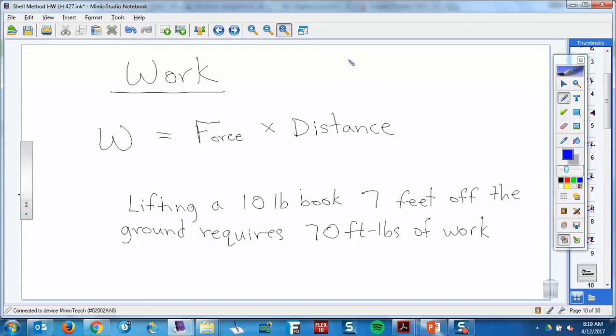Now, in physics class, you probably use metric units. What were the units for work? Newton meters. Typically force in metric is newtons, and the distance unit would be meters, so Newton meters. Is that joules?